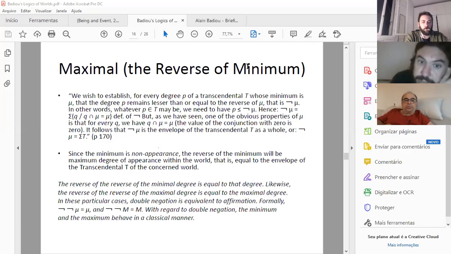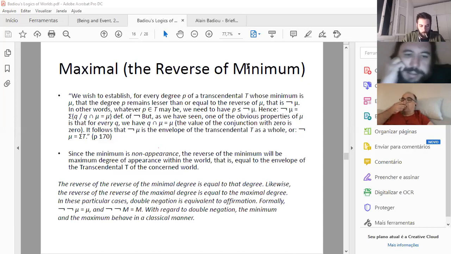The reverse of the minimum degree is equal to that degree. Likewise, the reverse of the maximal degree is equal to the maximal degree. In these cases, double negation is equivalent to affirmation. Formally, with regard to double negation, the minimum and the maximum behave in a classical manner. If the world is non-classical, still the minimum and the maximum with regard to negation behave in a classical manner, right?